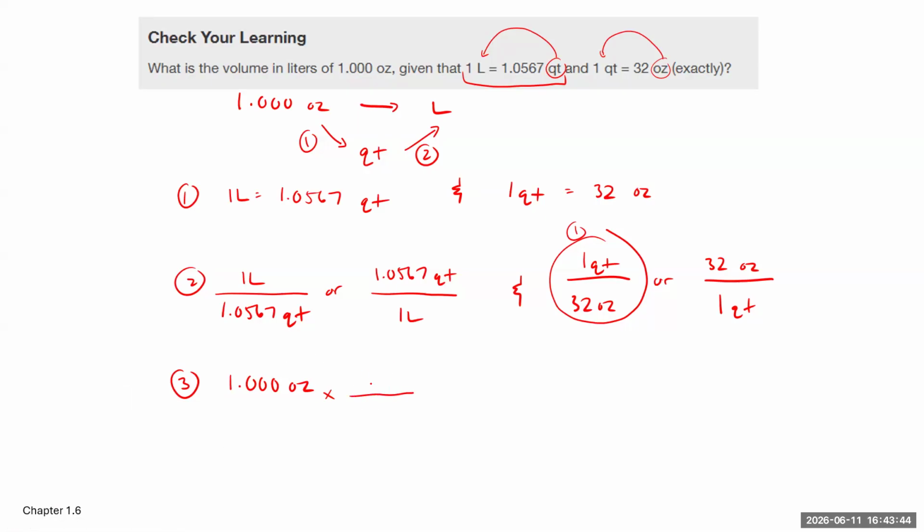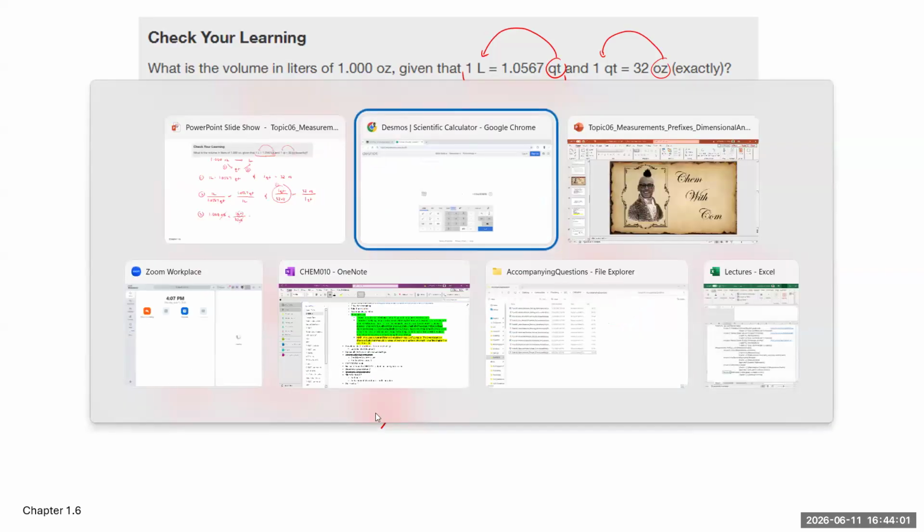So we're going to say 1 quart over 32 ounces. Look what cancels out. Ounces cancel out. We're left with quarts. So we say 1 times 1 divided by 32.